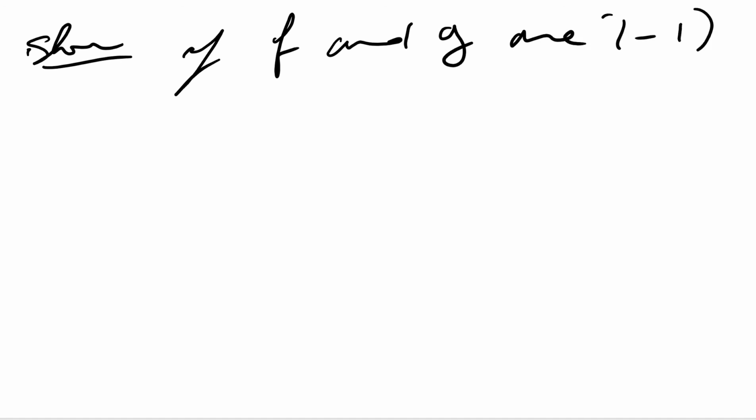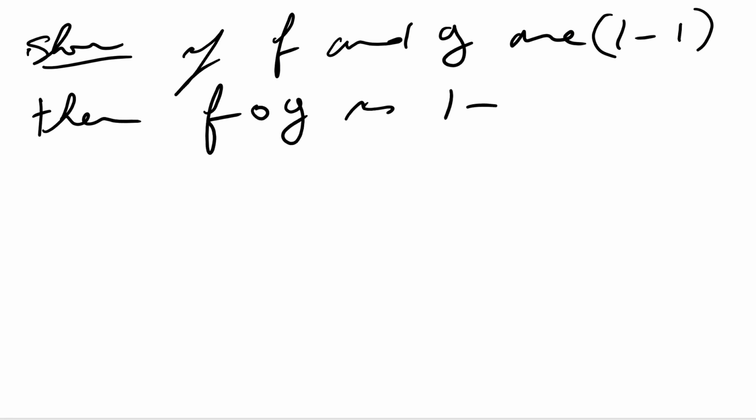Show that if f and g are one-to-one, then f∘g is one-to-one. So that's another example.